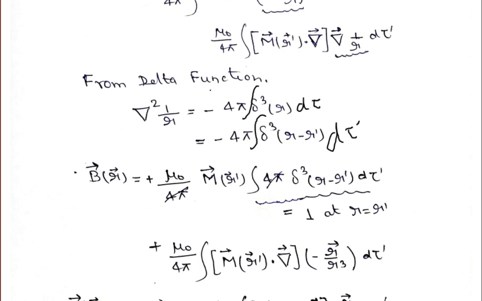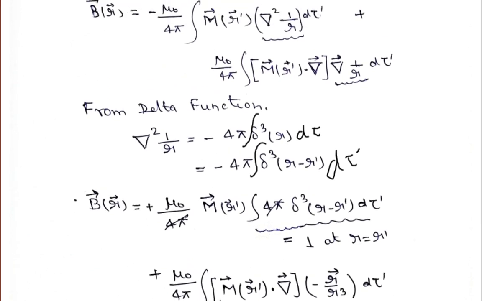If you do that, what will we obtain? The minus sign of this Dirac delta function will make this plus, so that is mu 0 upon 4 pi, and capital M vector, which is a function of r prime, integral, minus 4 pi, so minus minus becomes plus, 4 pi delta cube r minus r prime d tau prime.